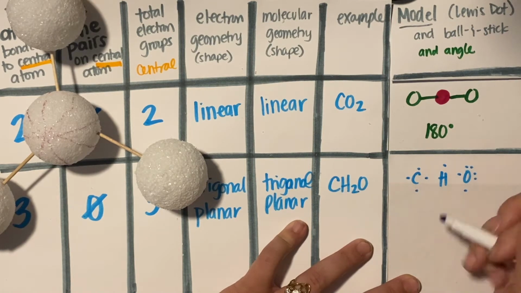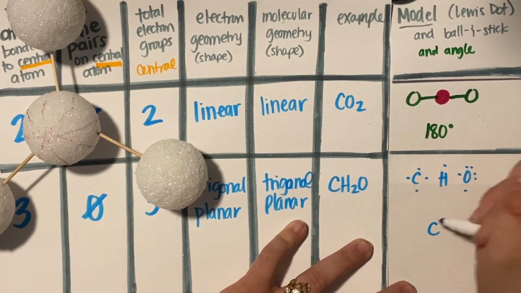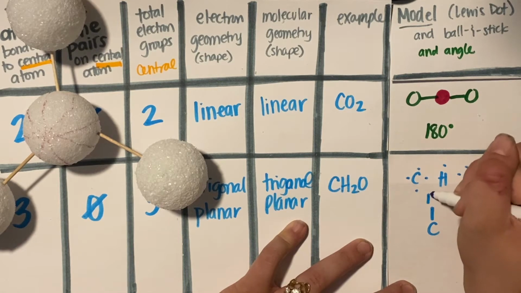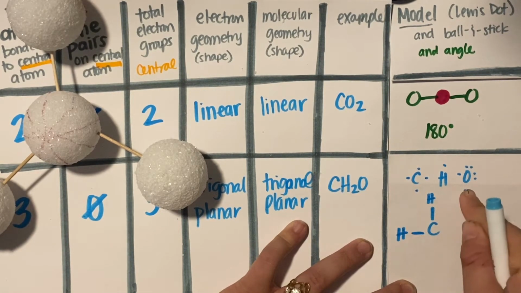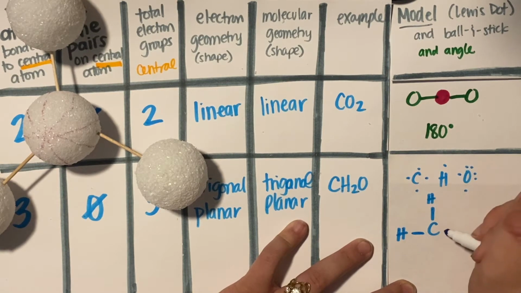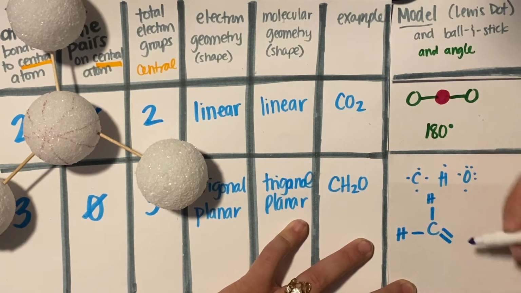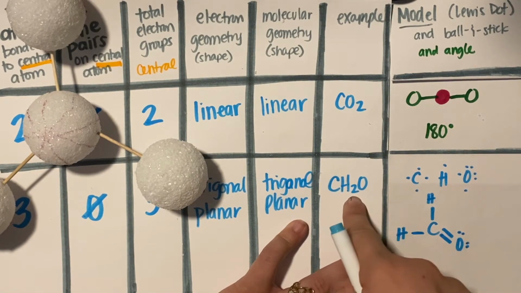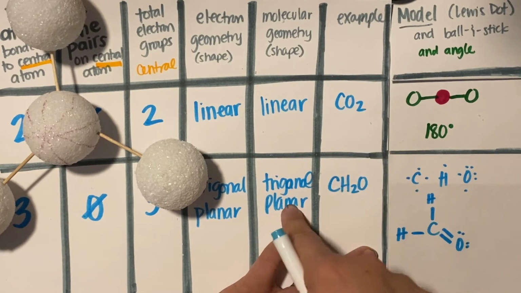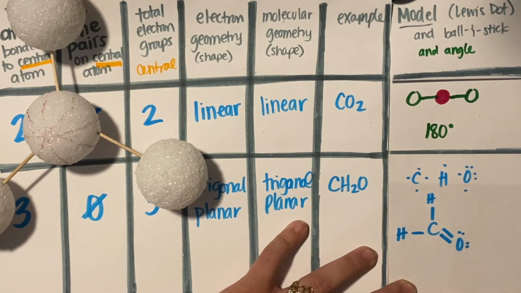So my carbon's going to be in the middle, bonding to a hydrogen, bonding to another hydrogen, and then double bonding to an oxygen. This would be my Lewis dot structure for a real life trigonal planar situation. And if you can see, from my central atom, there's 1, 2, 3 electron groups.